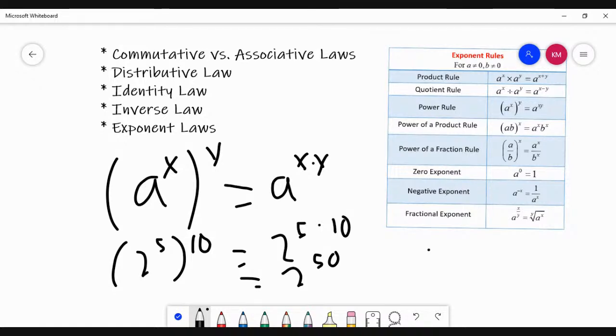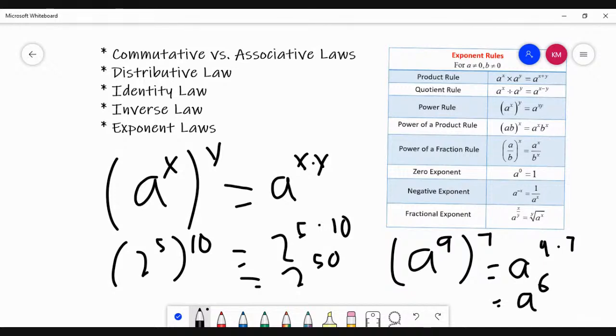Same process as if you're dealing with letters. a to the 9th raised to the 7th power. That's going to give me a to the 9 times 7, which gives me a to the 63rd power.